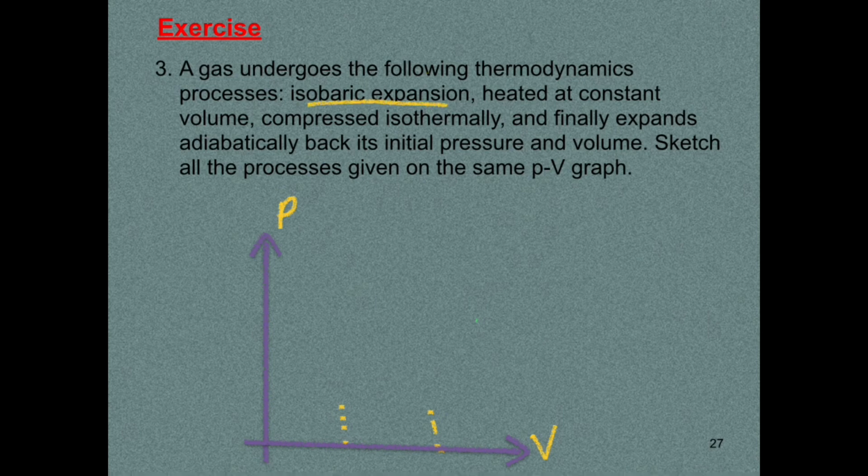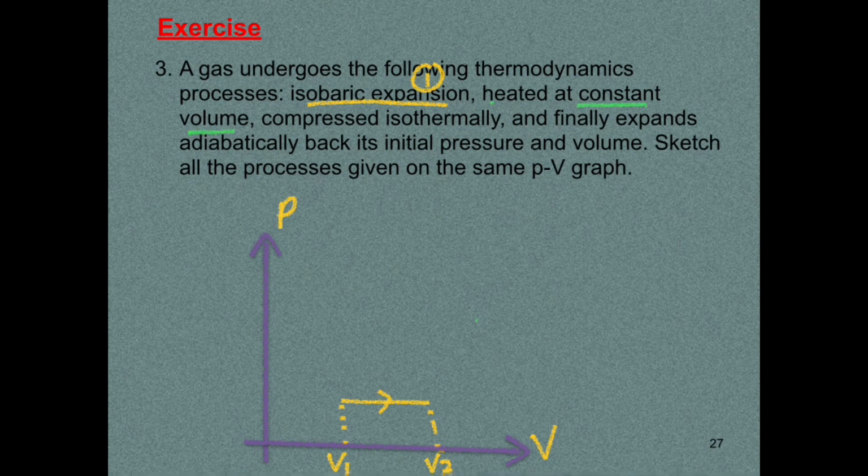Sketch all the processes given on the same PV graph. The first one is isobaric expansion. So we will sketch a horizontal line where the V final should be greater than V initial, since it is expanding.